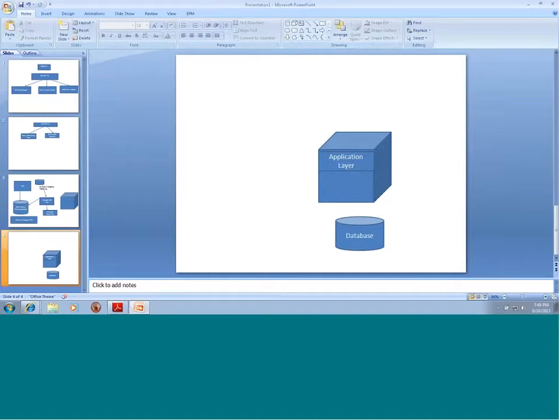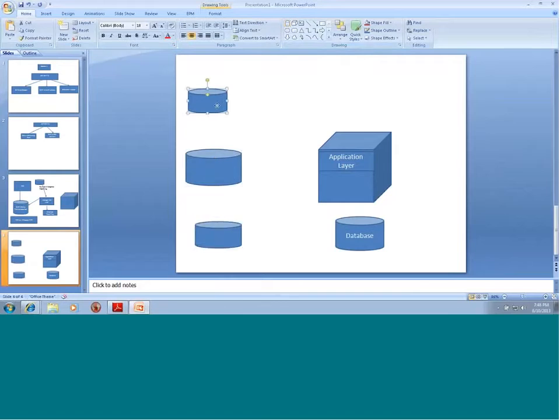So let's look at the traditional databases. I have multiple databases sitting across the region. Let's say this is, for example, Westmont, this is Naperville, and this is Aurora.